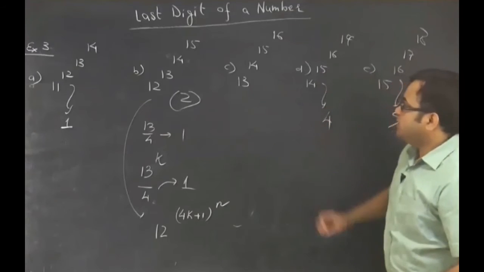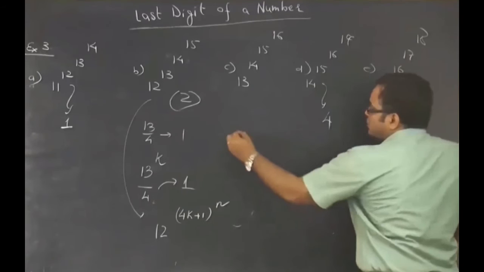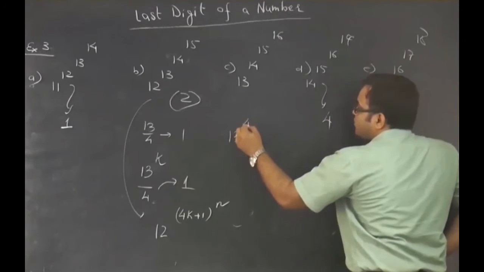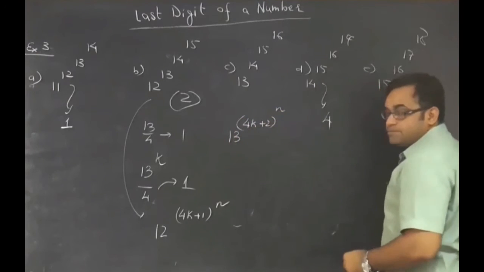Let's look at the next one, 13, 14, 15, 16. This time I've got a 14 here. This will become 13 to the power 4k plus 2, whole raised to the power n.